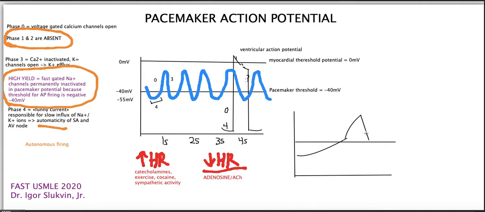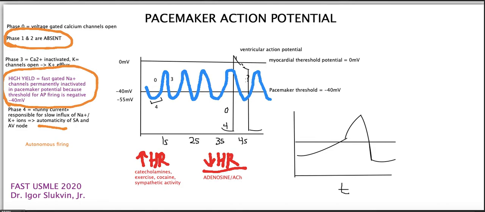Bear with me one moment. So, very important to note that the slope of phase 4 here is what is going to determine heart rate. And that's very simple to understand because this is the time axis.